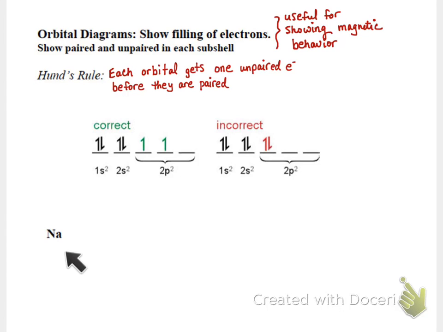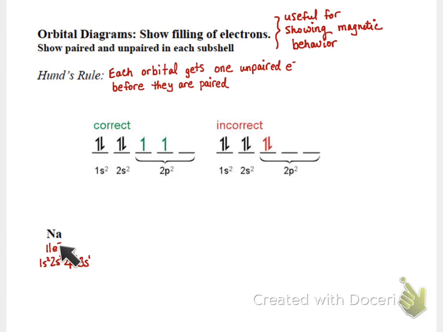So let's do sodium. First thing, I'm going to write the entire electron configuration first, and then write the orbital diagram. Alright, so when you go to write orbital diagrams, you do not have to write the electron configuration first, but it can be useful if you're stuck.